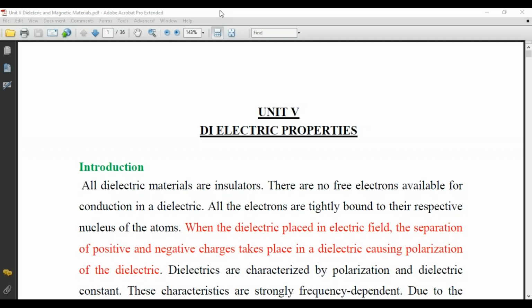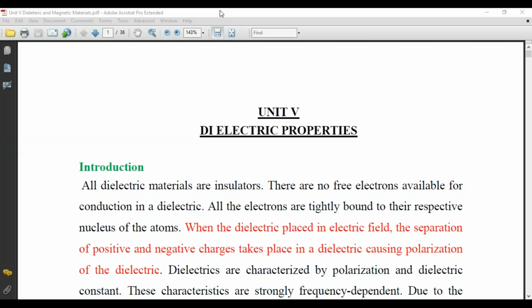That means whenever the dielectric material is placed in an applied electric field, it exhibits electric and electronic properties. This is what you are going to study in this class. Ferroelectricity and piezoelectricity are important properties exhibited by the dielectrics. This is a little bit of introduction about the dielectrics.